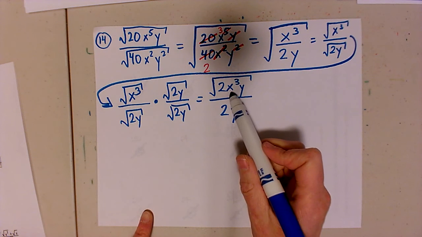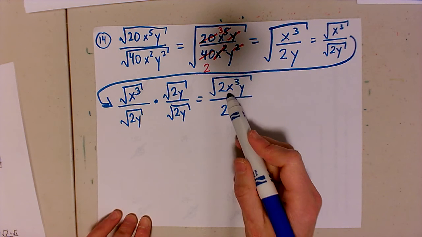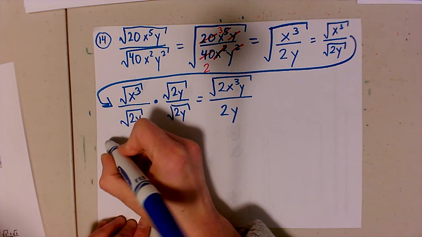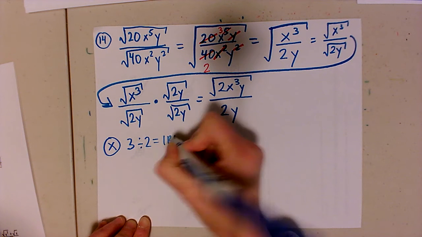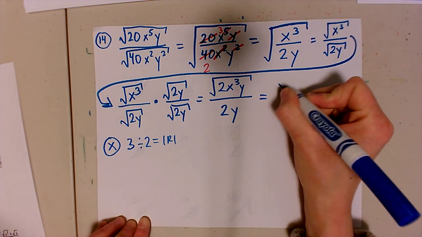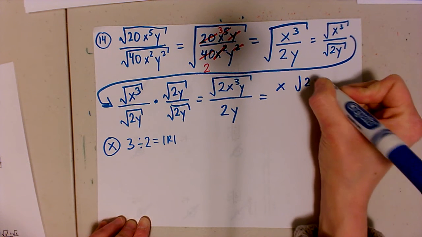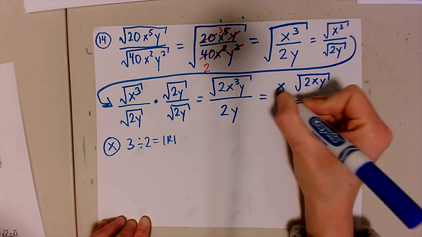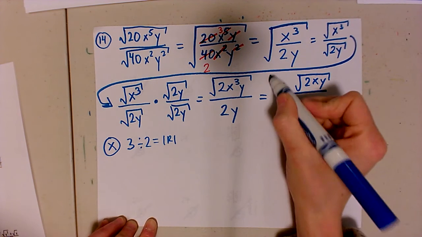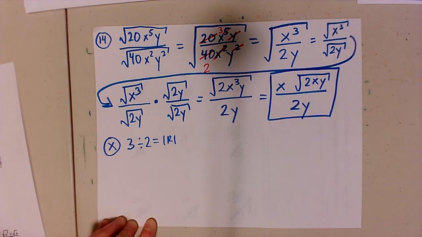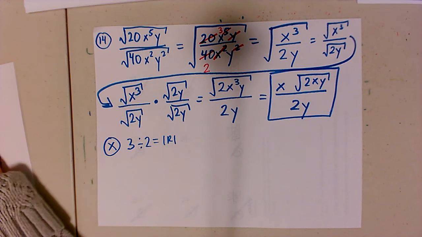We can simplify the square root of x cubed, so remember, if you take that exponent of 3 and divide it by your root of 2, you get 1 remainder 1. So that means we'll have 1x on the outside and 1x left over on the inside. Our denominator is still 2y, and that's the most we can do with this problem, and we're all done.